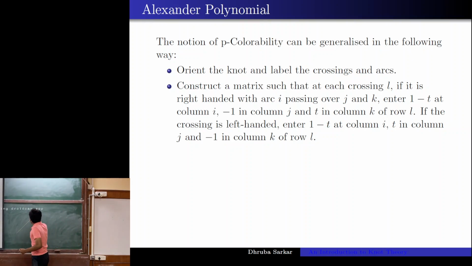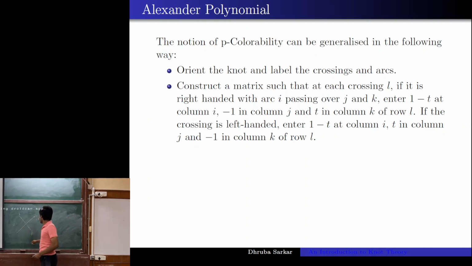let's say you have a right-handed system at some crossing. Let's say this is your crossing L and your arc above is I. The one that passes through like this is J, and then this is K. Then what you do is at the I comma Lth entry, you put 1 minus t.